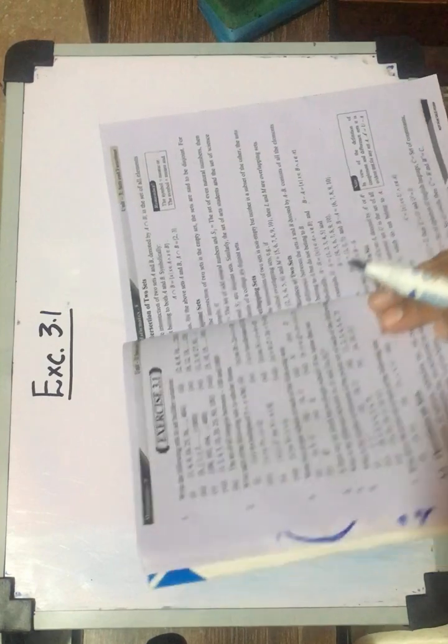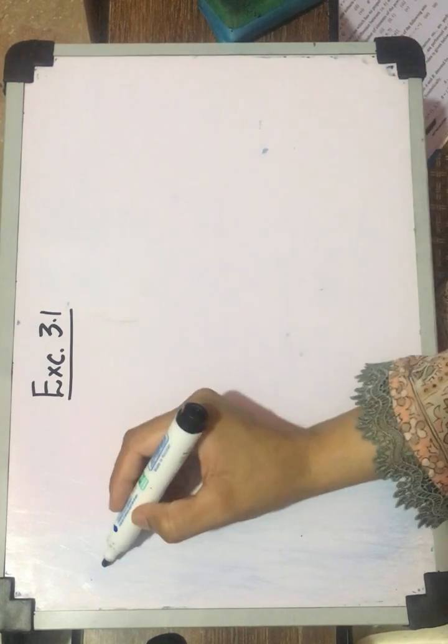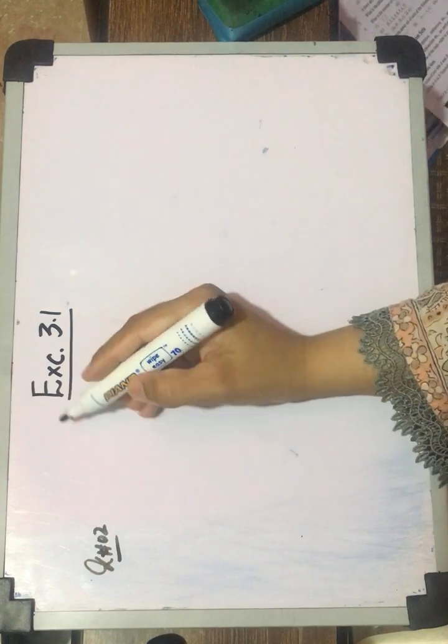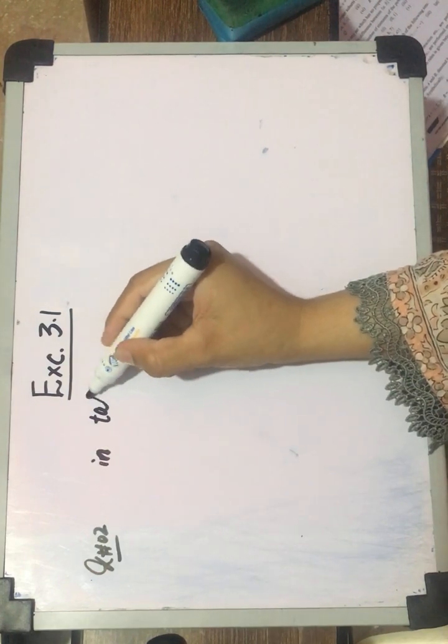So in question number 2, we have to write the tabular form of the given set builder form. So we have to write all parts in tabular form.